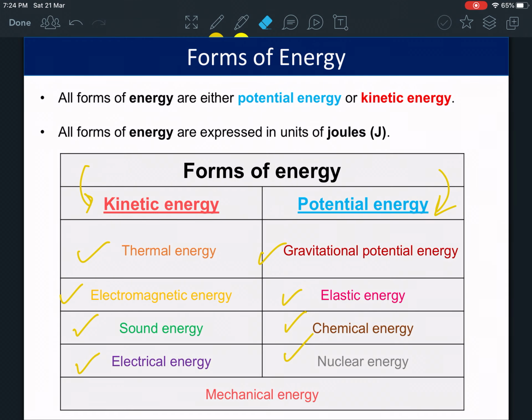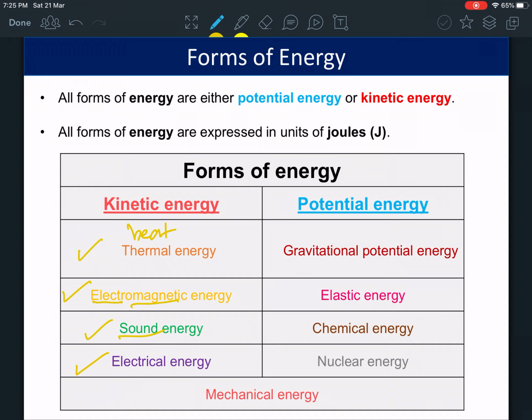So for example, kinetic energy has thermal energy. Thermal means heat, but we're going to take all of these later. Electromagnetic combines electricity and magnets. Sound energy, electrical energy, the one you see in light. Sound is self-explanatory, it's just sound, but don't worry, all of these we're going to take in detail later.